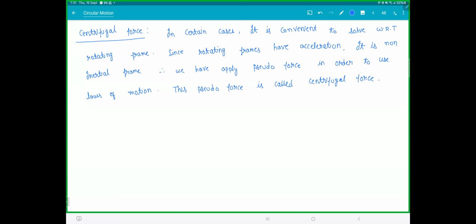So, for example, again, I hope you remember what is pseudo force. Pseudo force is nothing but mass of the body being observed into negative of acceleration of the observer.